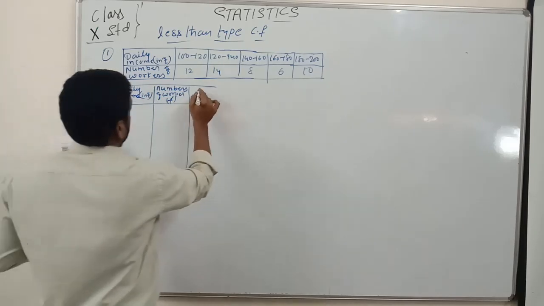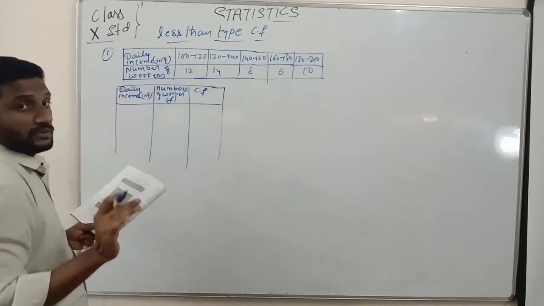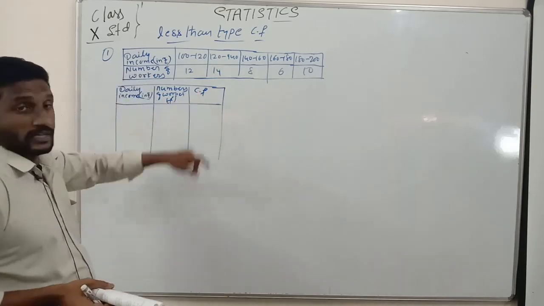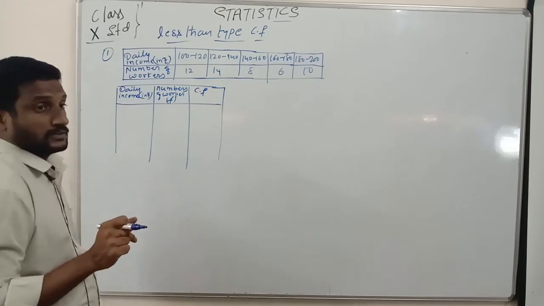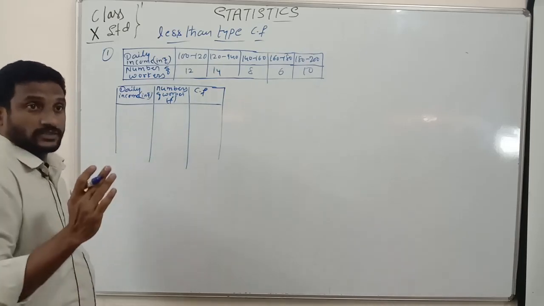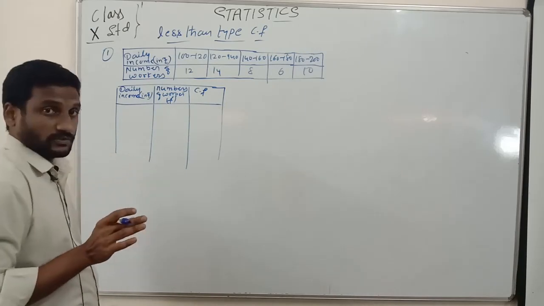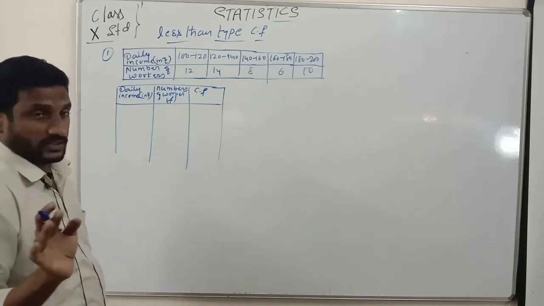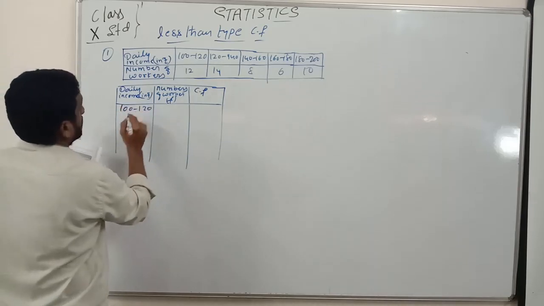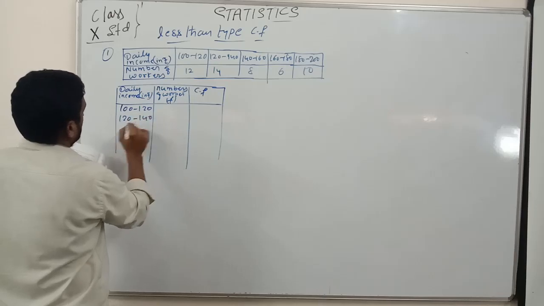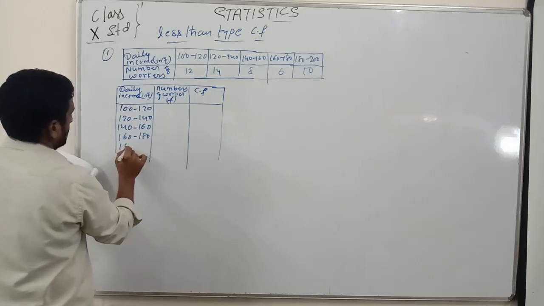Now you should find CF here. While drawing the less than type cumulative frequency, CF is compulsory, because we are plotting the graph of upper limit versus cumulative frequency. So daily income: 100 to 120, 120 to 140, 140 to 160, 160 to 180, 180 to 200.